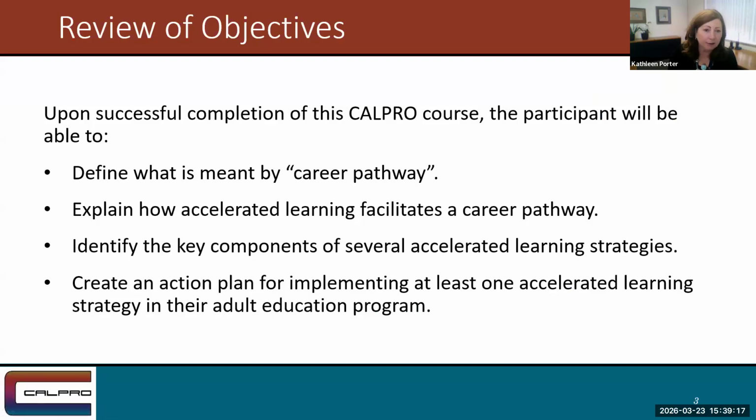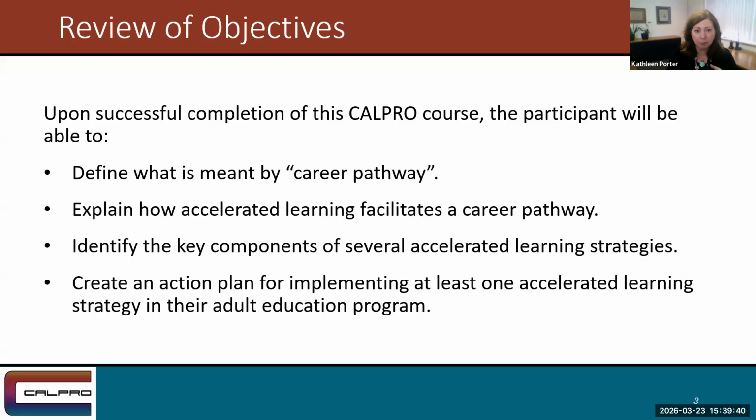You can see these are the same objectives that we had for the course last time. Today, we're really going to be focusing on the last one, creating an action plan for implementation. As you're reading about all of these different strategies, you're thinking in the back of your mind, I know I'm going to have to do an action plan.